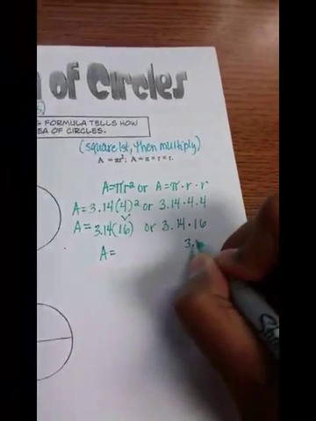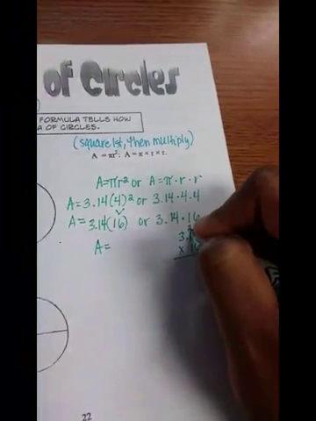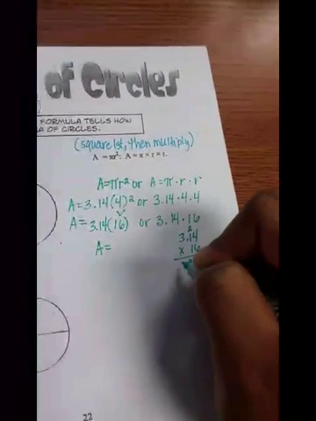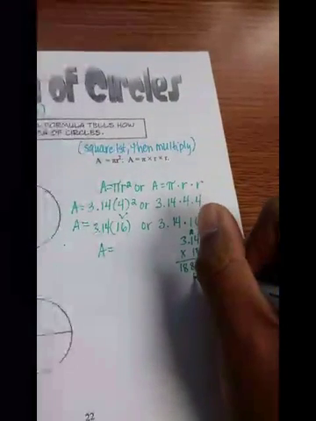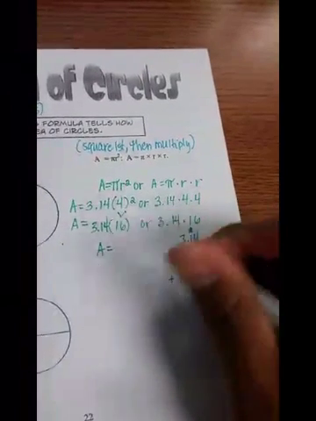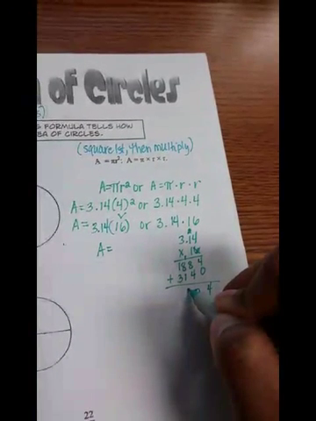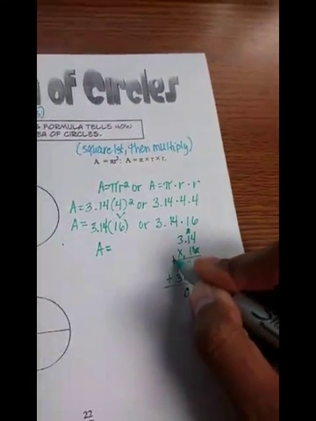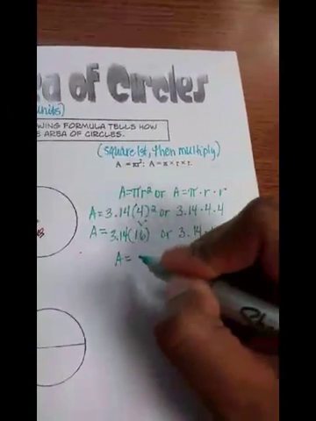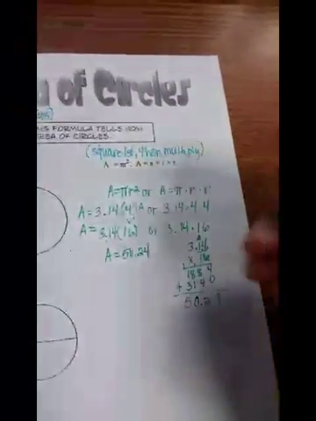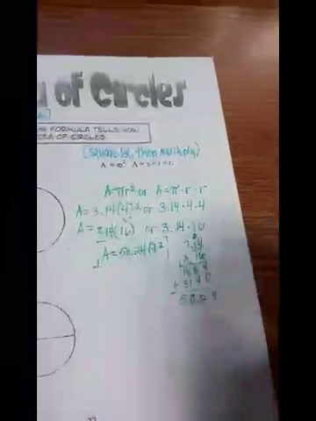When we multiply it out, 4 times 6 gives me 24, carry the 2 and so on, and with 2 decimal places, my area equals 50.24 feet squared. Okay.